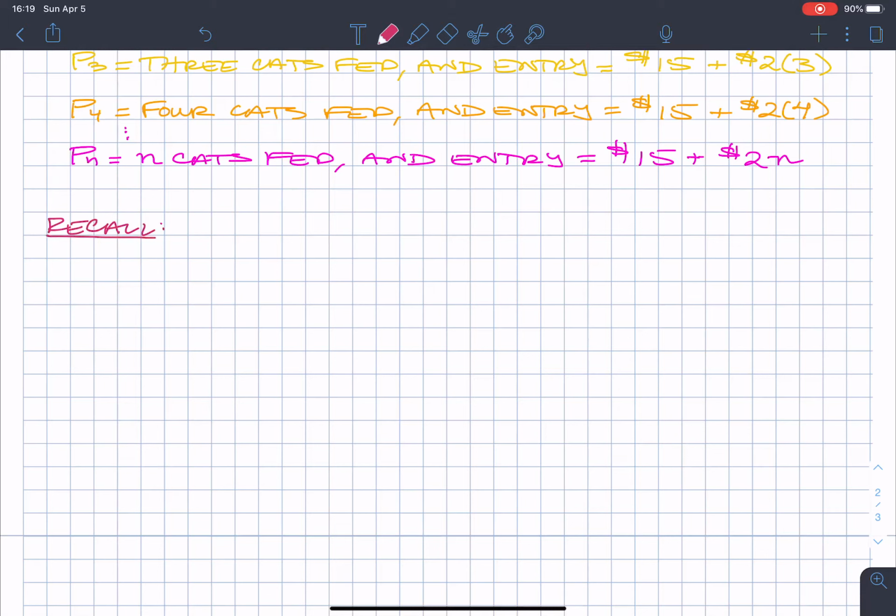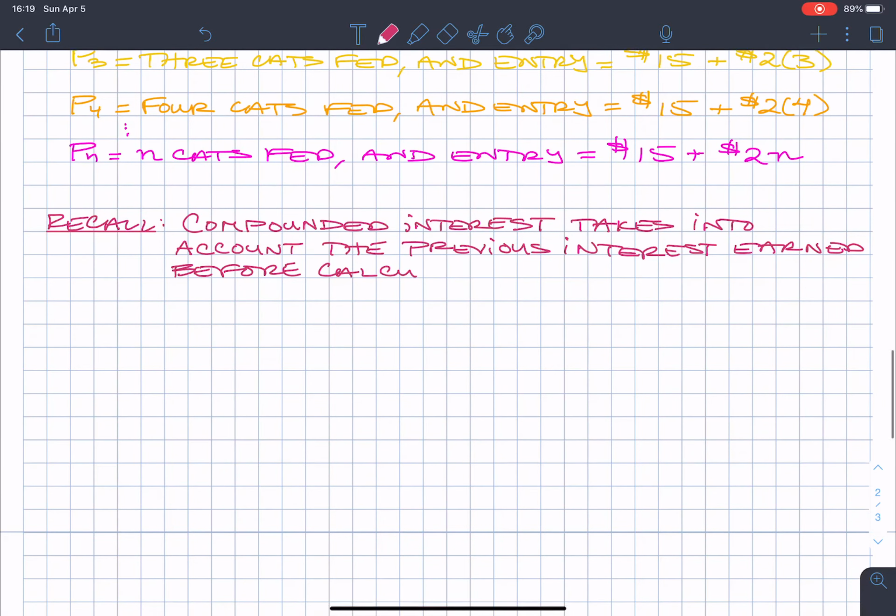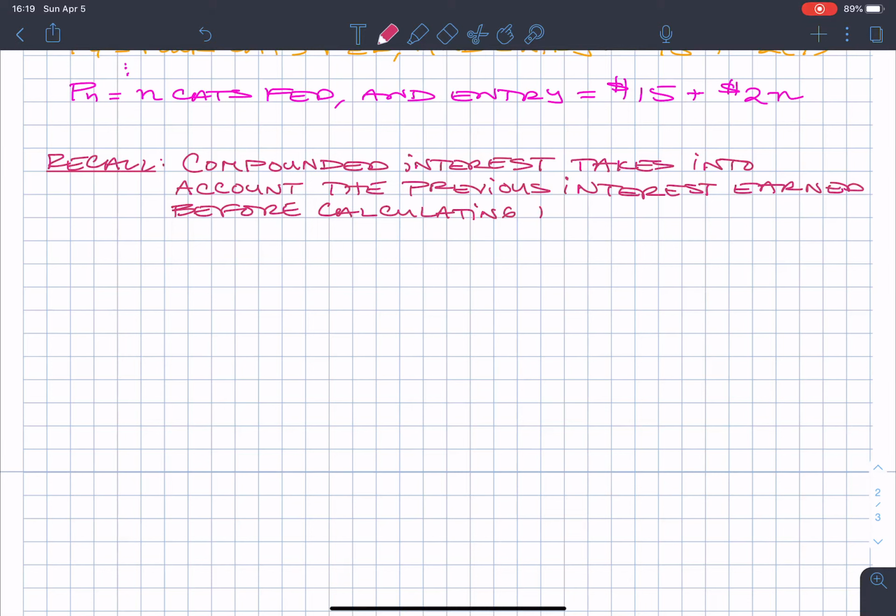So compounded interest, as opposed to simple interest, takes into account the previous interest earned before calculating the new interest. Okay.